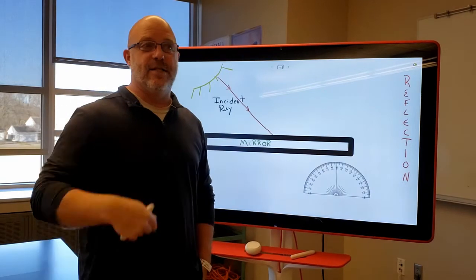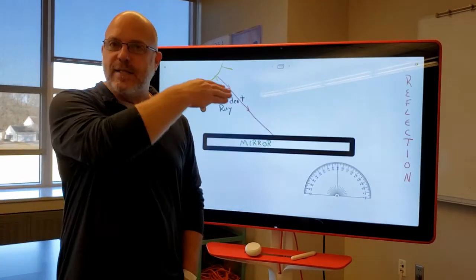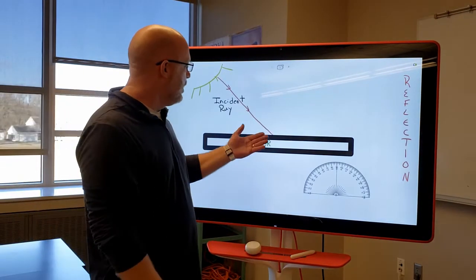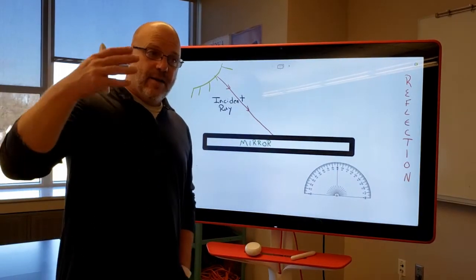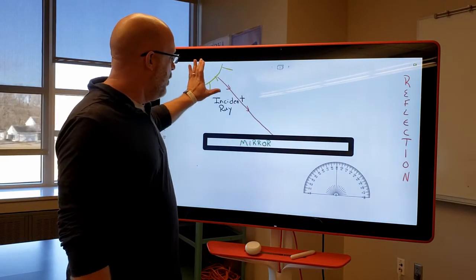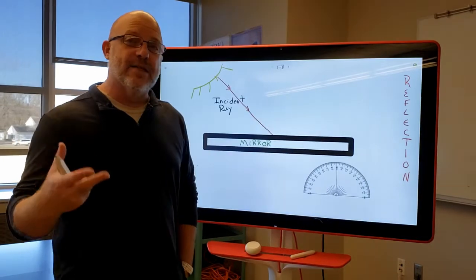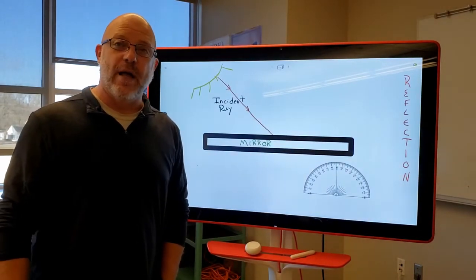That means it's the original. So this is the incident ray. It's the ray that's coming in from the sun that's going to hit the mirror. Now, we need to be able to find out how it's going to bounce off. So the incident ray comes in, hits the mirror, and it bounces off. Can we say exactly where it's going to bounce off at?